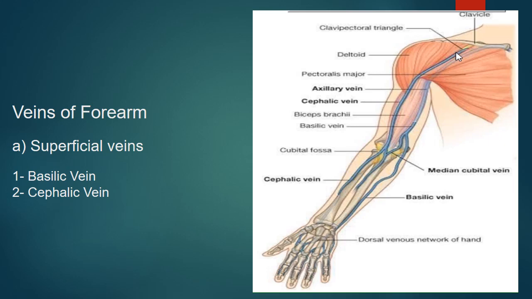It then enters the clavipectoral triangle at this side. It pierces the costocoracoid membrane and part of clavipectoral fascia and joins the axillary vein, the terminal part of the axillary vein. This was the course of cephalic and basilic vein through the forearm and arm.